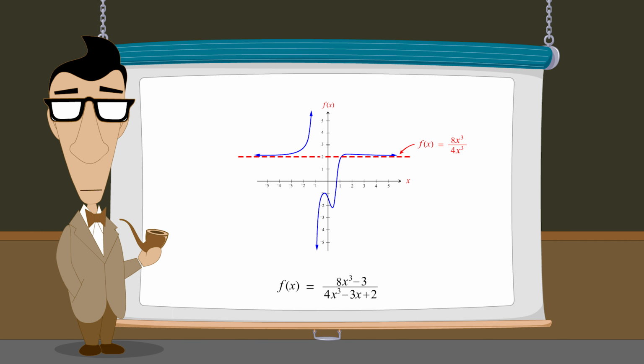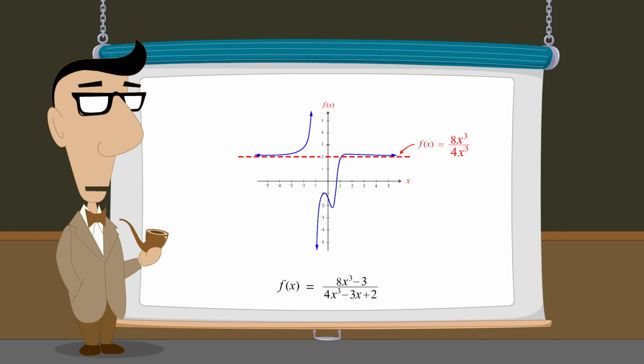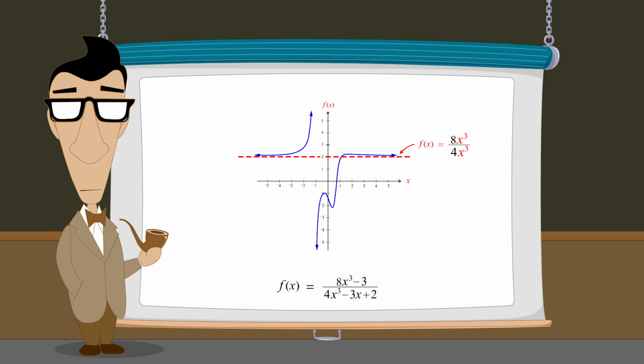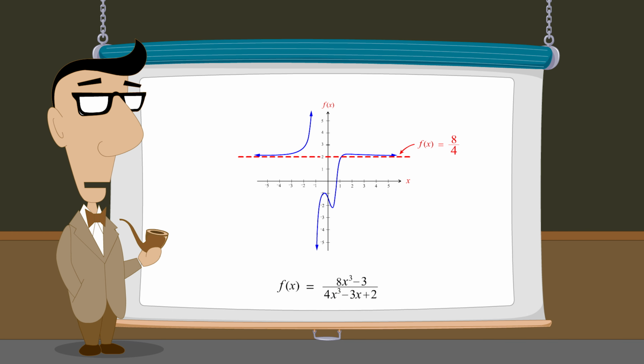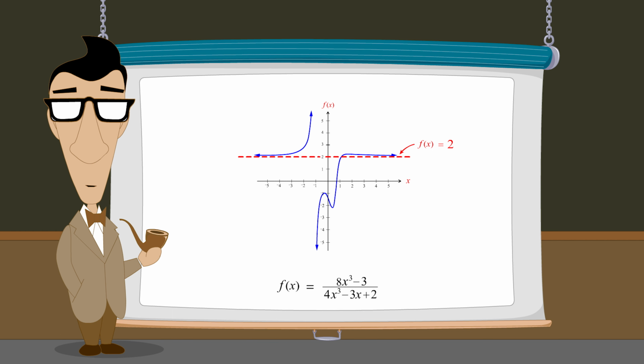However, this ratio can be simplified. Since x cubed in the numerator and denominator will always have the same value, the x cubed factors cancel. And so for large x values, the function's value approaches 8/4 or +2. Therefore, this function has a horizontal asymptote 2 units above the x-axis.